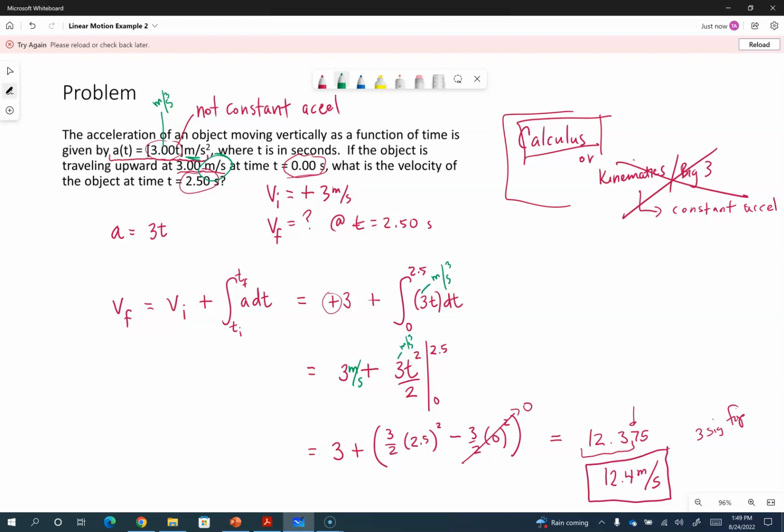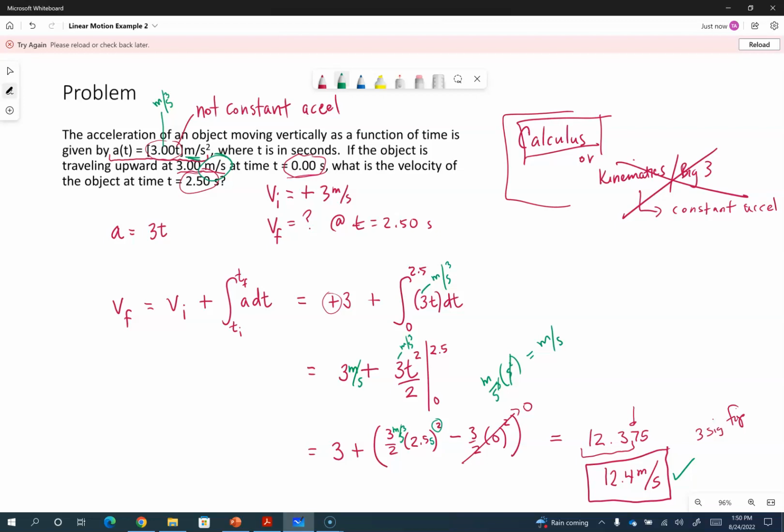But when we plug in the time, seconds, we're also squaring it. So when we take meters per second cubed and multiply it by seconds squared, 2 of those cancel out and leave us with meters per second. So our answer is in meters per second, which is what we need when this answer represents a velocity.